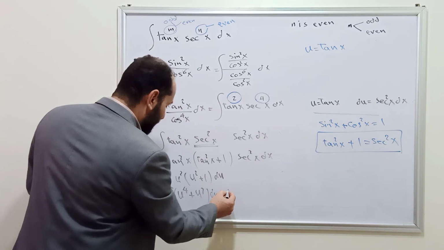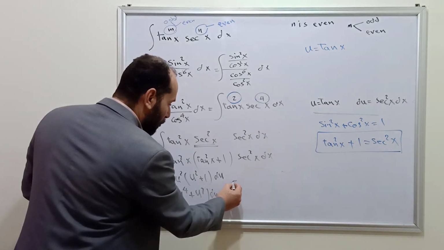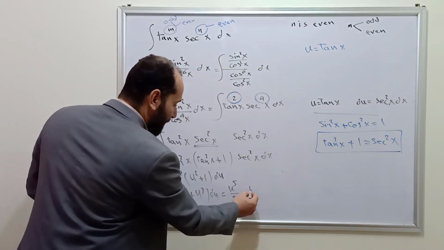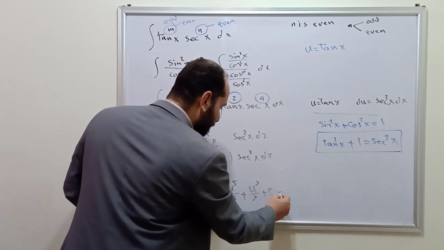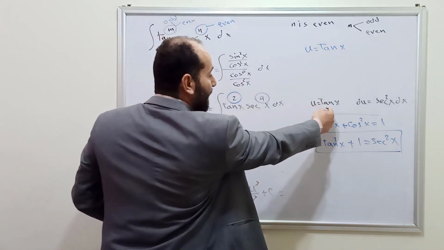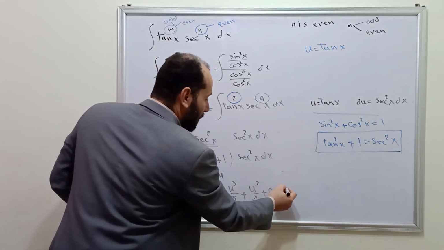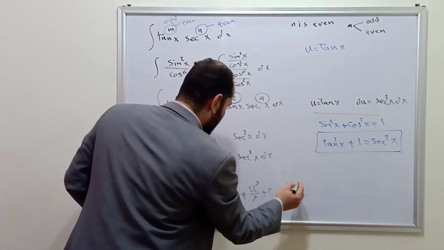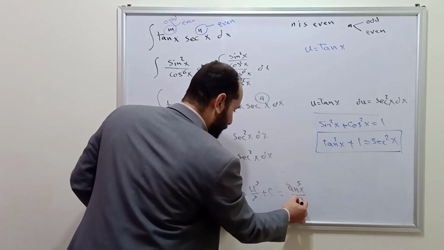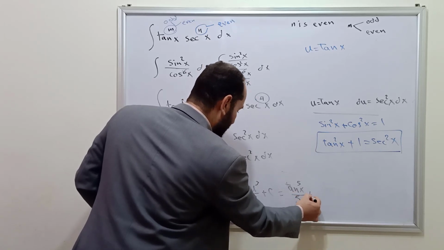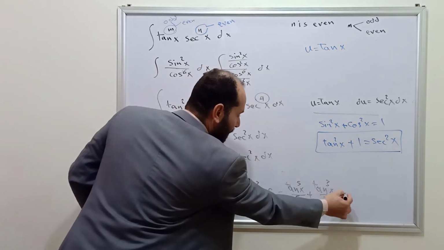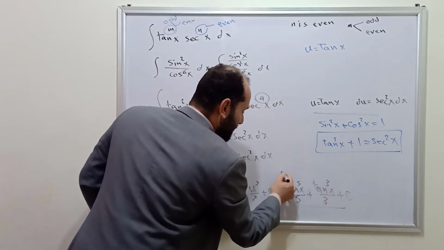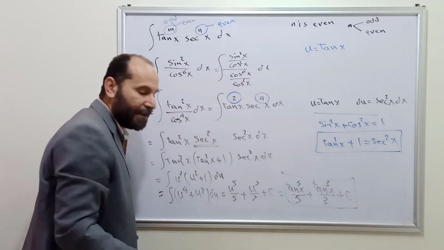By integration, u power 5 over 5 plus u power 3 over 3 plus c. We put tan x instead of u: tan power 5 x over 5 plus tan power 3 x over 3 plus c. This is the value of the integration.